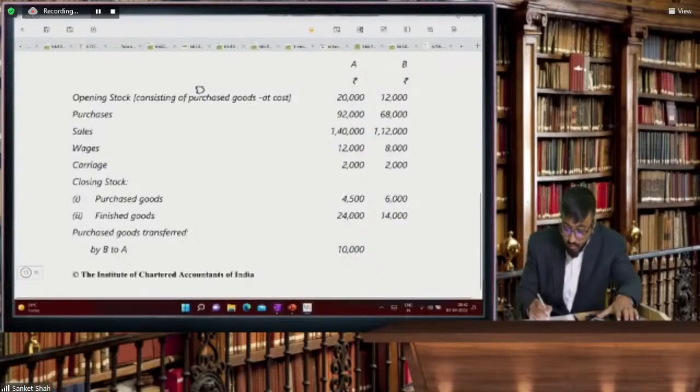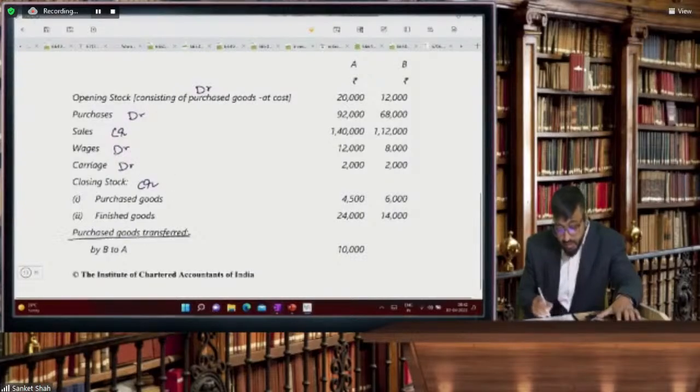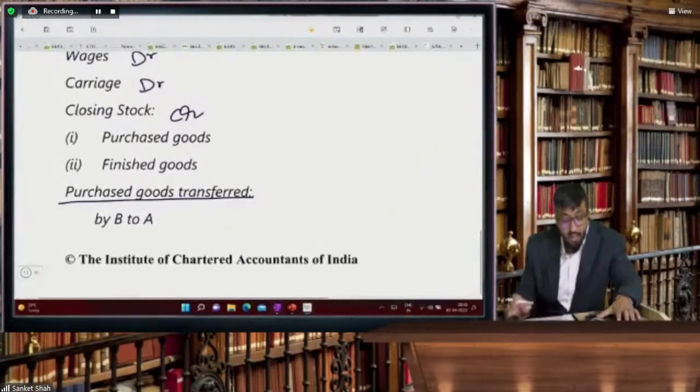Opening stock debit, purchases debit, sales credit, wages debit, carriage inward debit, closing stock credit. Now purchase goods transferred by B to A. So B is a giver or receiver? B is a giver and A is a receiver. So B credit and A debit.